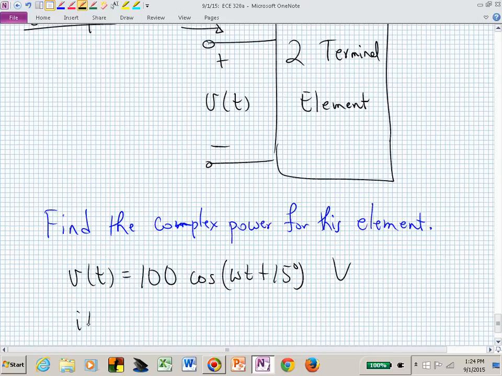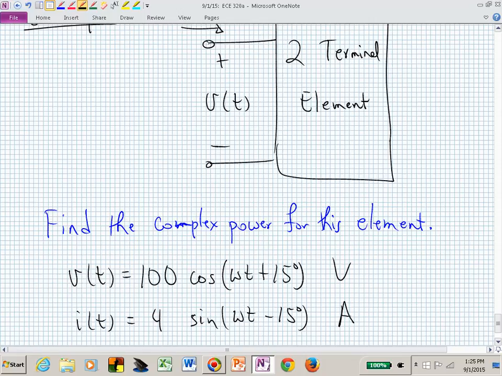And let's say that I of t is 4 sine omega t minus 15 degrees amps. Now I'm giving this in time domain form, your voltage and current.